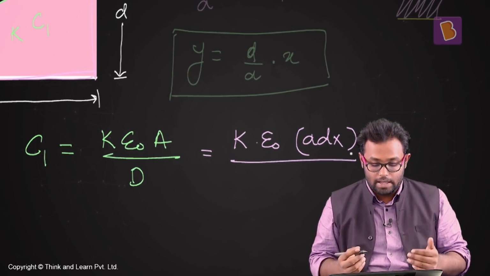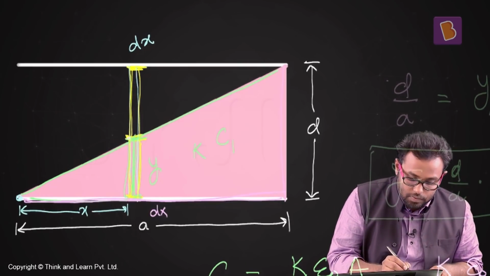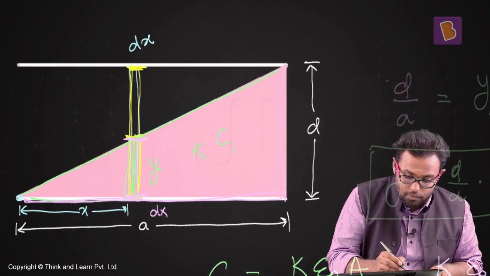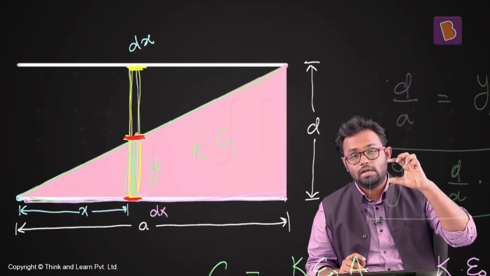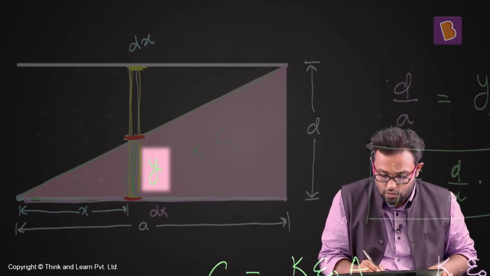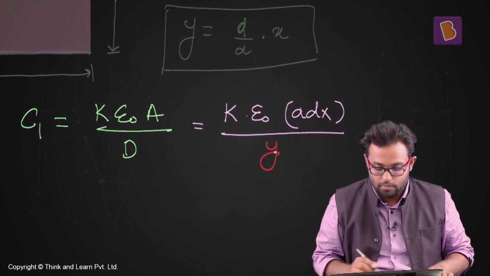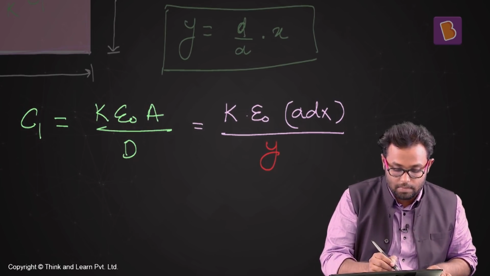What is the gap in this case? These two junctions serve as the plates of that capacitor, so the gap between them is equal to y. So you get K epsilon naught A dx divided by y as the capacitance of the first capacitor.